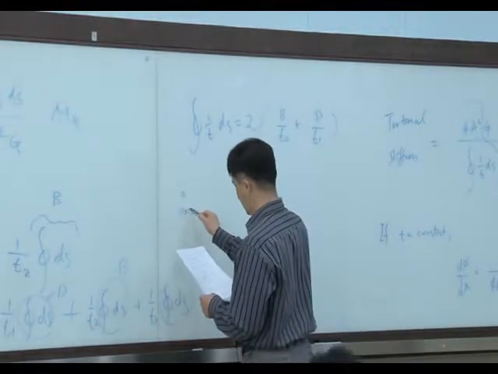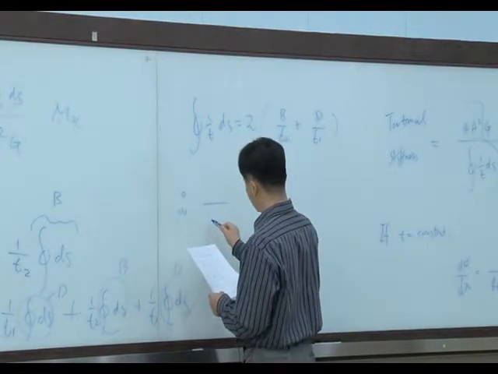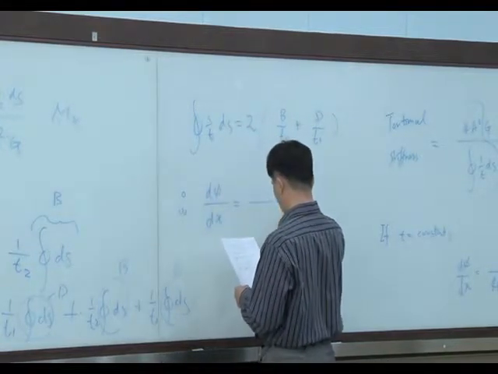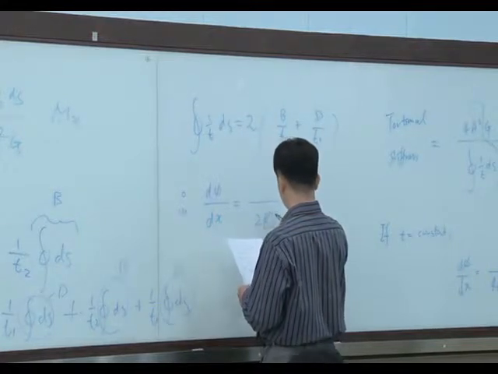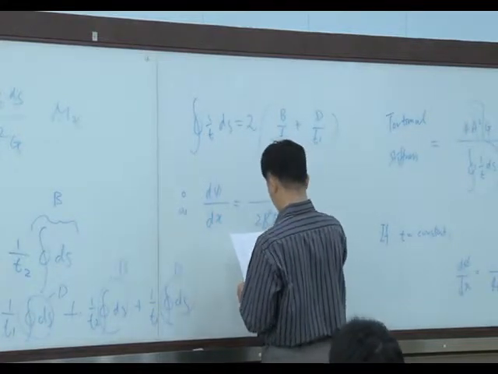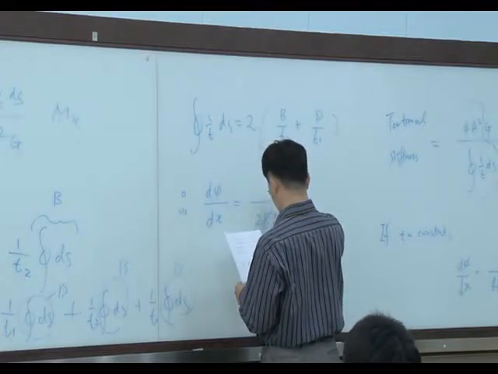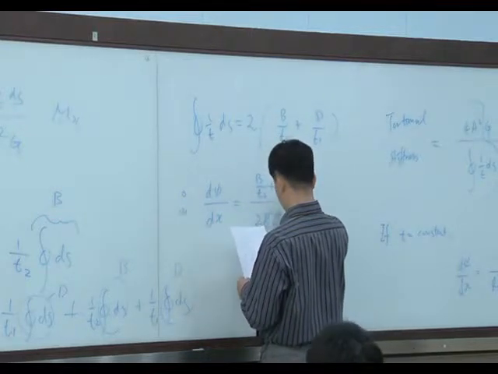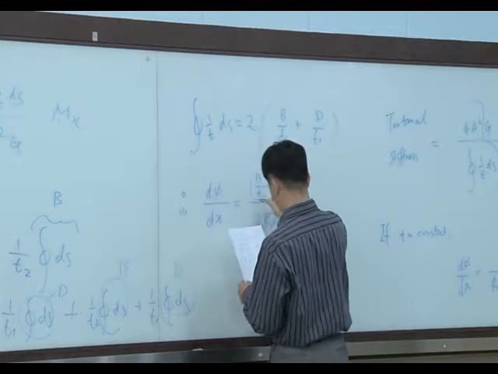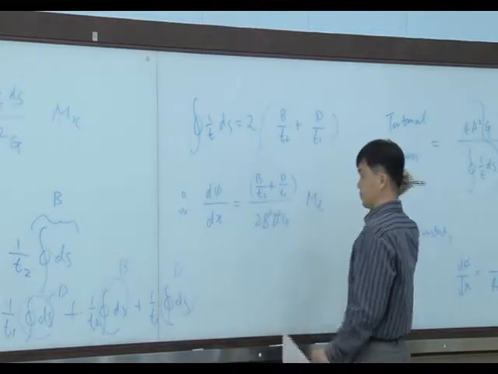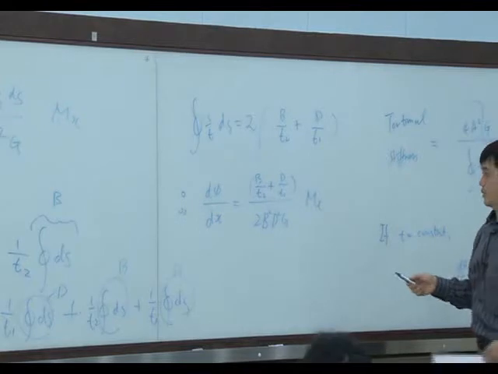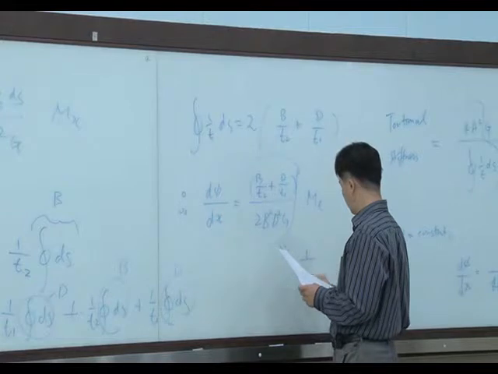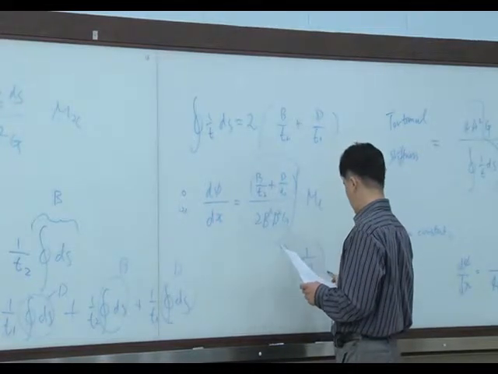So finally we can calculate the rate of twisting dx dy equals B square, D square, G, and T2 B plus T1 D, mx. And this is the same as 1 over GJ equivalent.